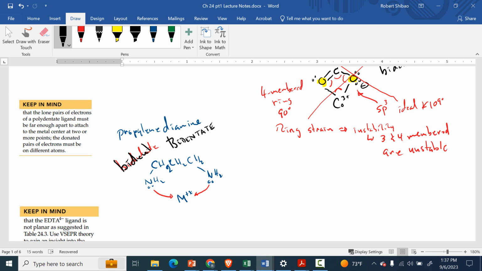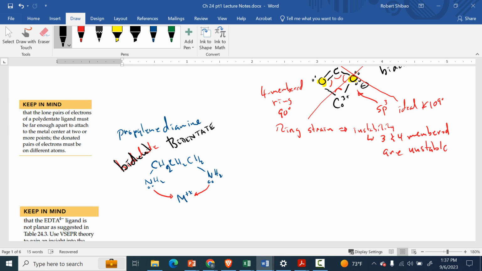What's after prop? Prop is for 3 carbons. What's for 4 carbons? Bute is correct. So butylene diamine, any problems with that? No, no problems. And we could go higher, but there are no problems with that.